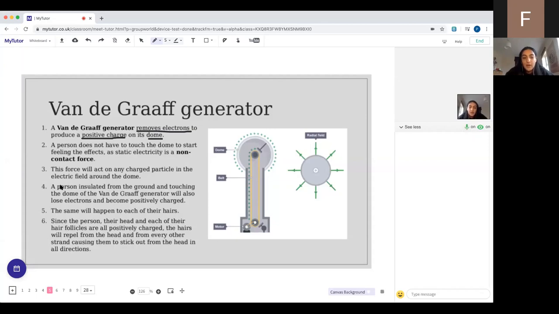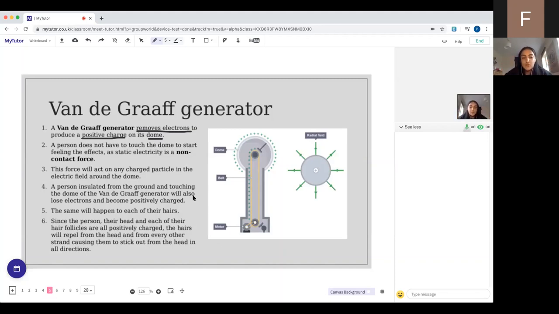So if a person is stood on the ground, they are insulated from the ground. And touching the dome of the Van de Graaff generator, you will also lose electrons and become positively charged.